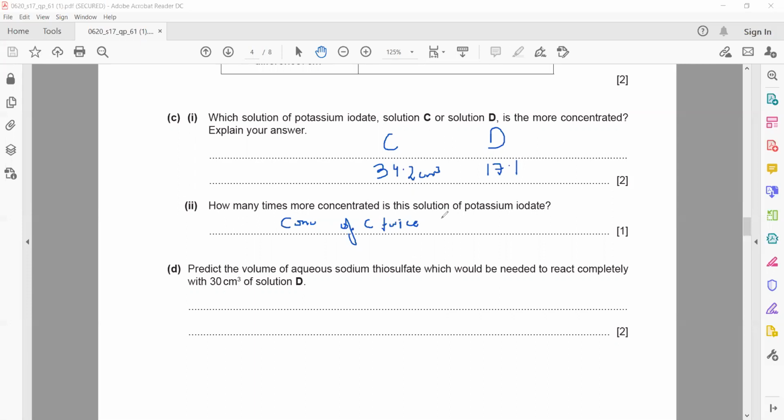Predict the volume of thiosulfate that would react completely with 30 cm cube of solution D. Look, how much D did you take in experiment 2?